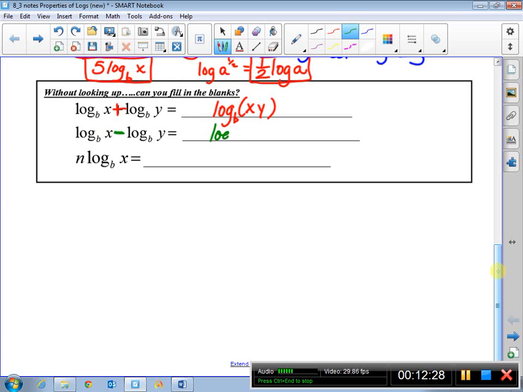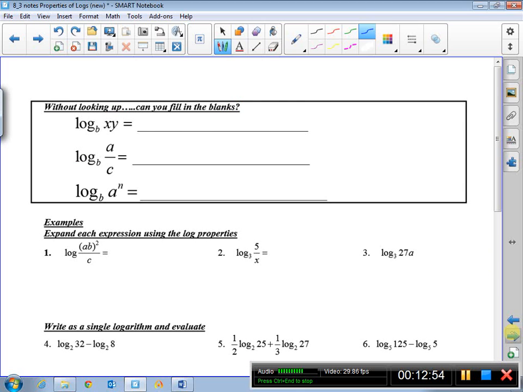If you said log of x divided by y, you are correct. And how about an n out front multiplying the log? If you said log base b of x to the nth power, you were correct. So those are the properties in reverse order. Practice them again, going the other way. You want to be able to go back and forth. Pause it and try it. I'll fill them in.